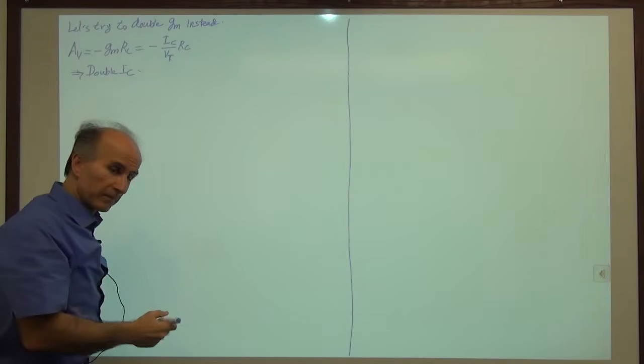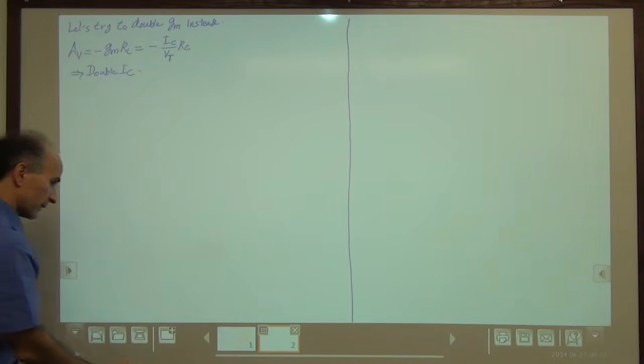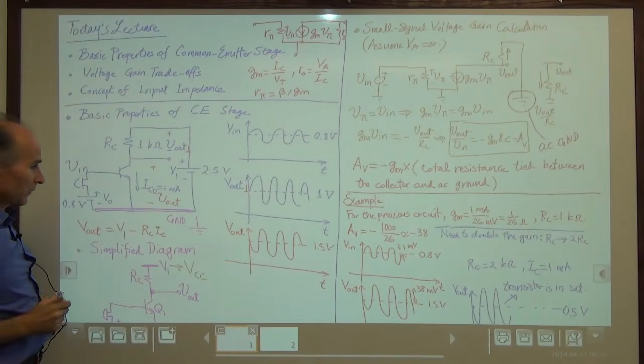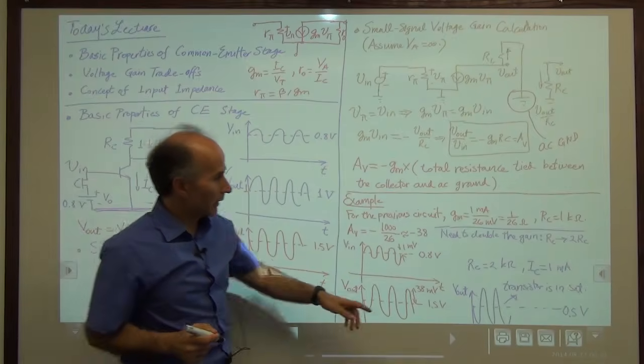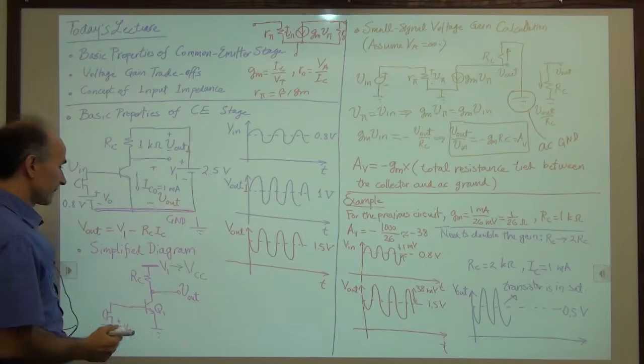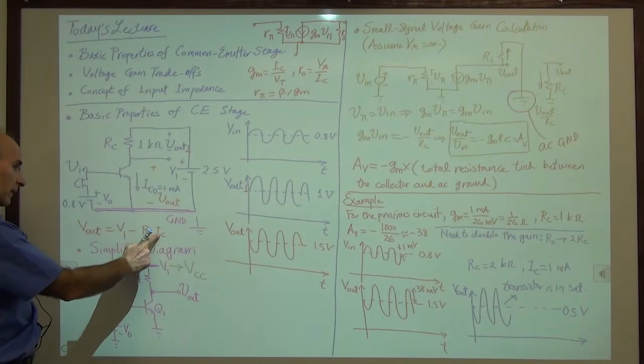So let's return to the previous page and see what happens if we double IC. All right, so instead of doubling the resistor and ending up there, I will double IC. Okay, so let's go back here.